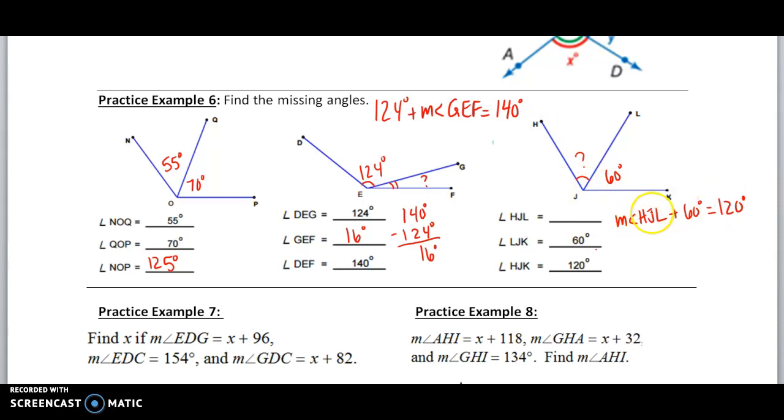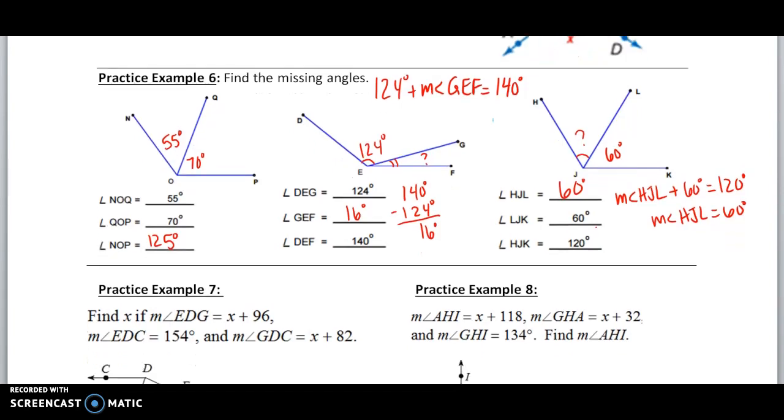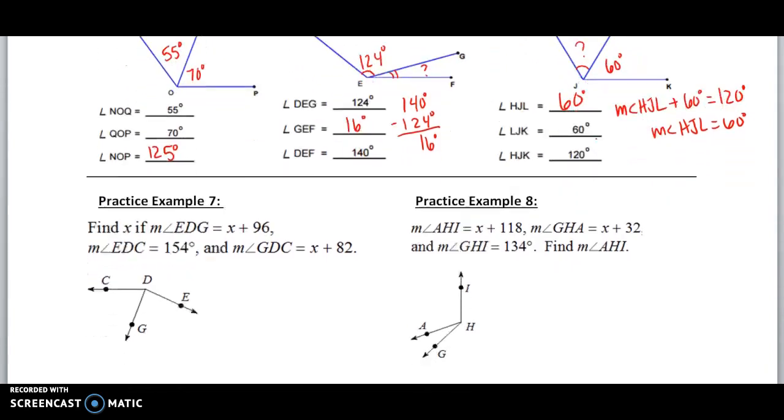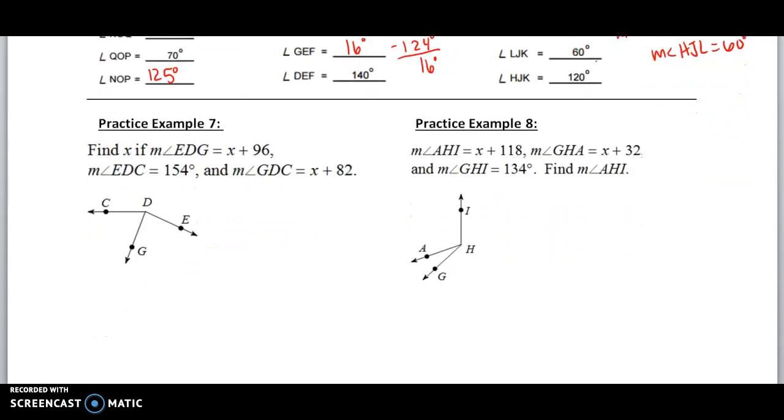I want to get the measure of angle HJL by itself, so I subtract 60 from both sides, and I find that 120 minus 60 equals 60. Okay, so that's just the basic. We're going to go beyond that, and you'll see more examples like 7 and 8.